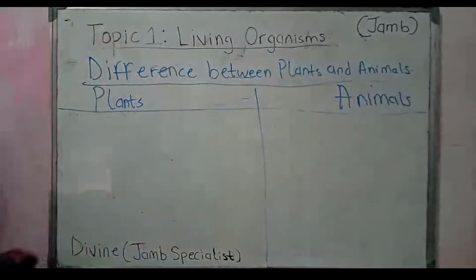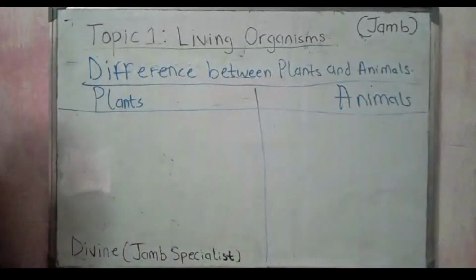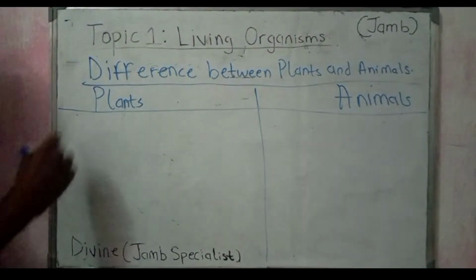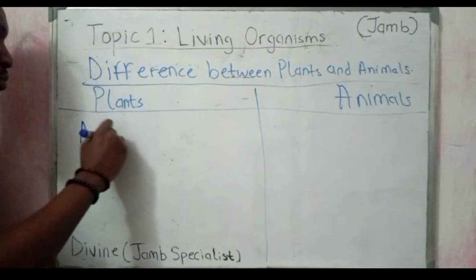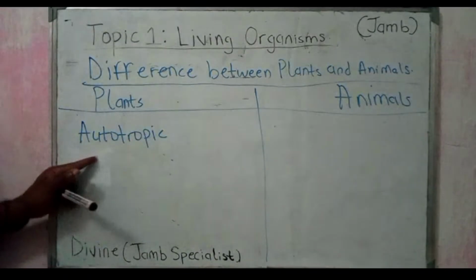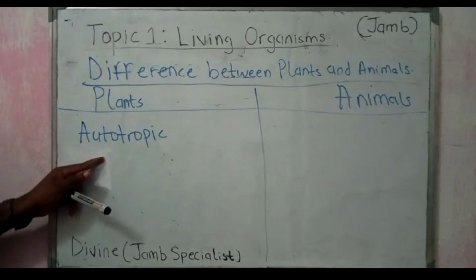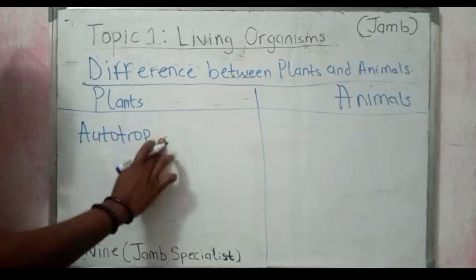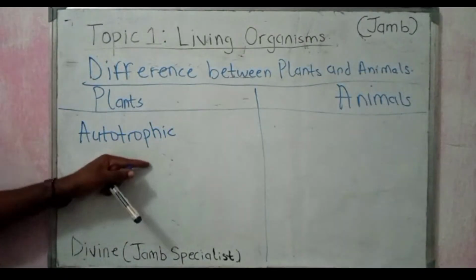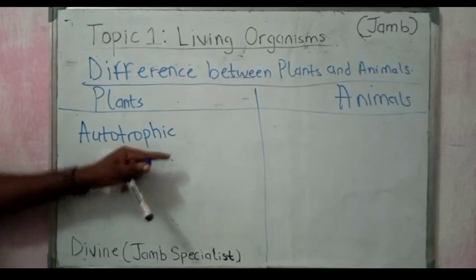So let's start. For plants, they are autotrophic. Auto-trophic, with the H here. What does it mean to be autotrophic?